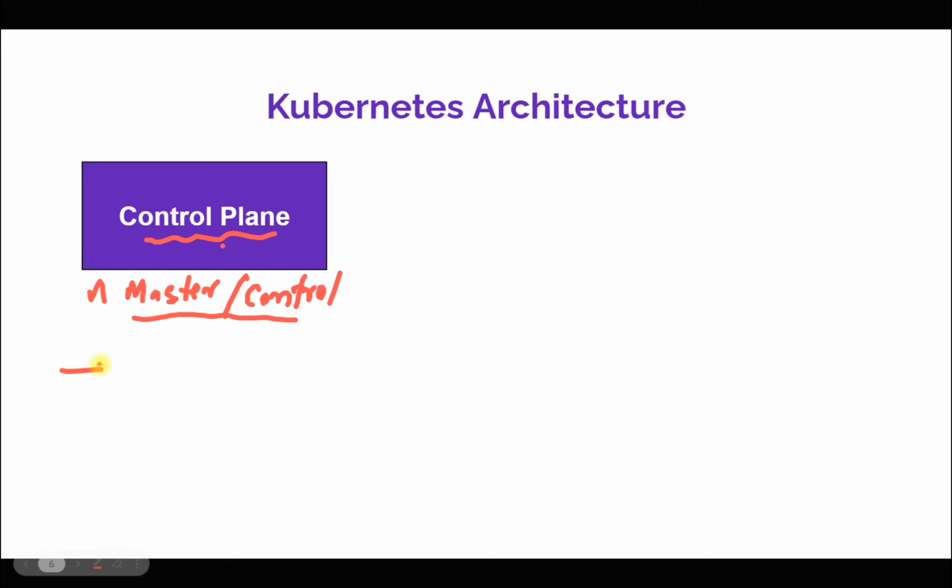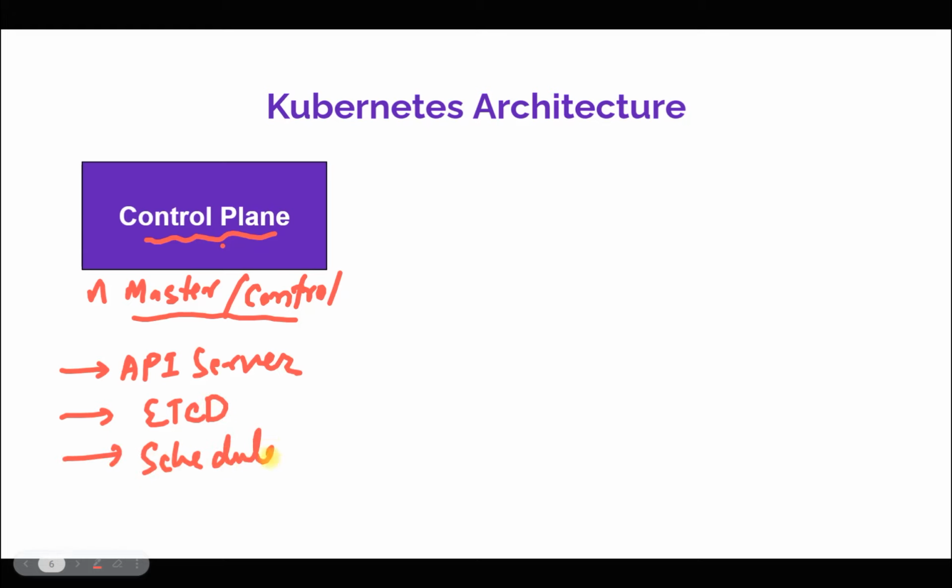So the basic components are API server. Next we are having etcd. Next we are having scheduler, and then we are having controller manager. So these are the four basic components within Kubernetes, which do all the work managing everything related to the pods, containers, and take care of scheduling, take care of other controllers as well.